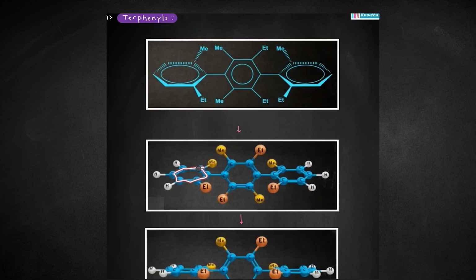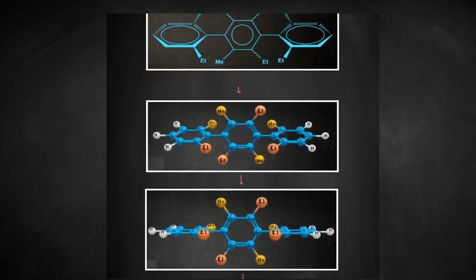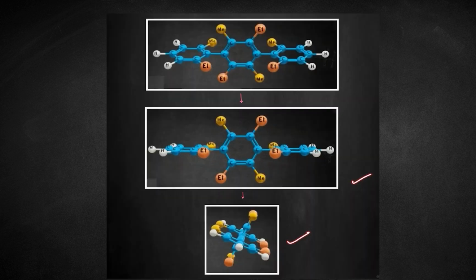Look, these rings are in the same plane, but they are perpendicular to the second ring. See the view properly. To reduce the steric hindrance, they have adjusted themselves in such a way that there will be minimum steric hindrance. See the last view as well.